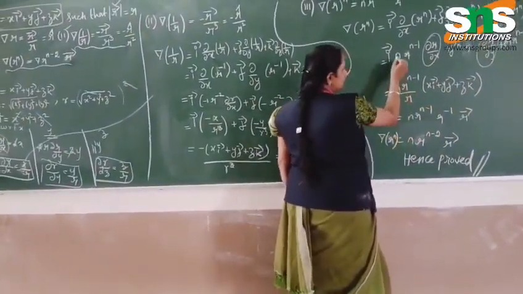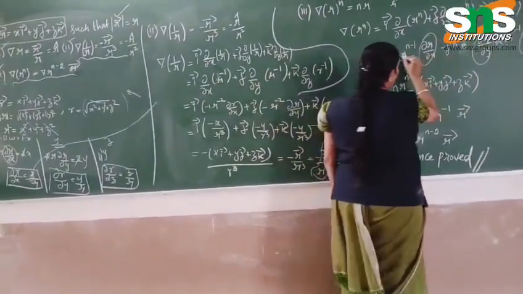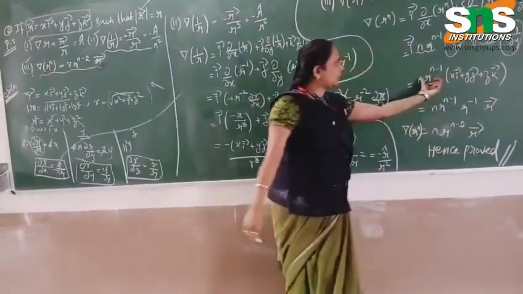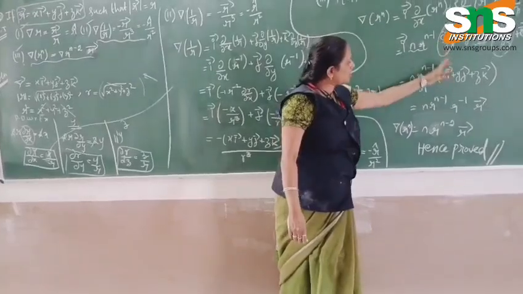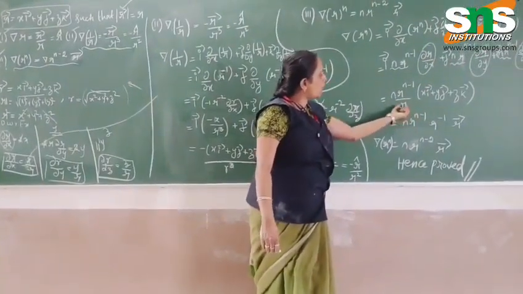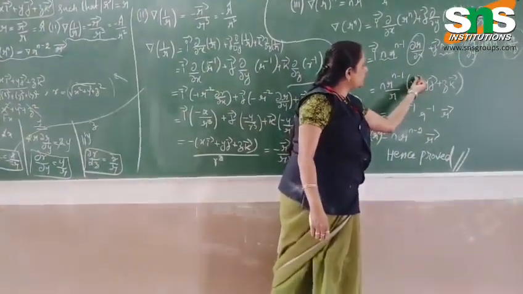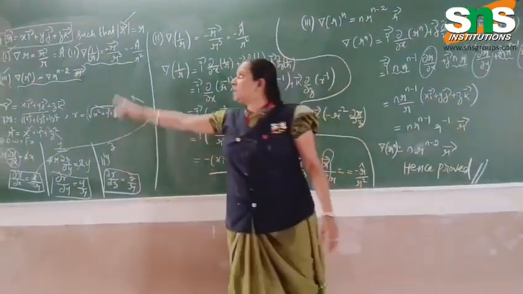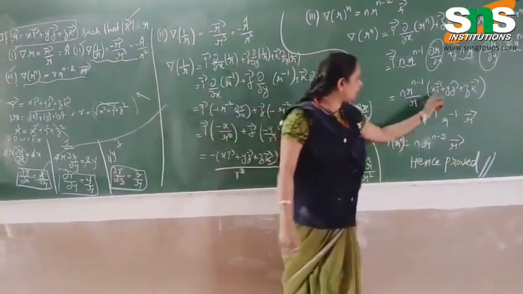So the remaining values, we take n r power n minus 1 common outside, and r is also constant, so take it outside. The remaining one is x i vector, y j vector, z k vector. So this is our given part. That is, what is it? r vector.